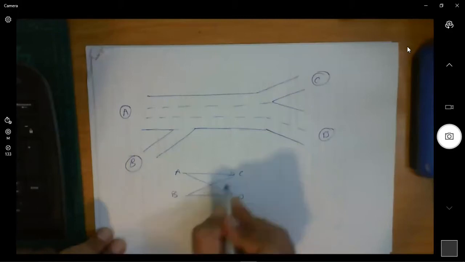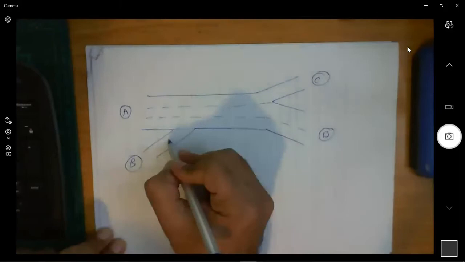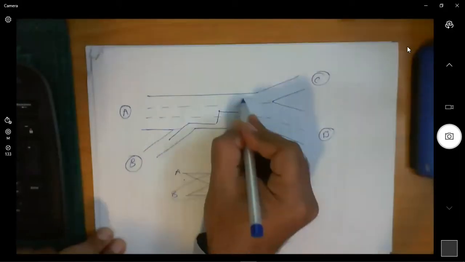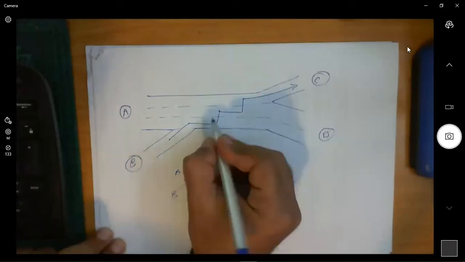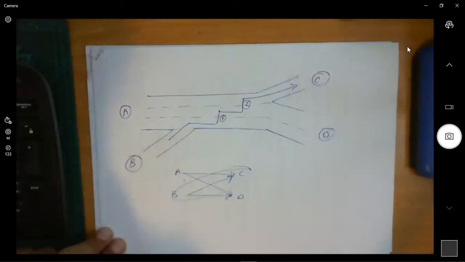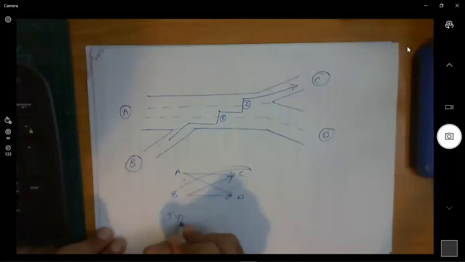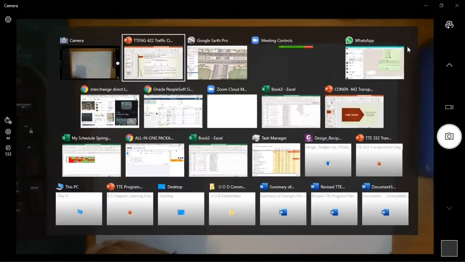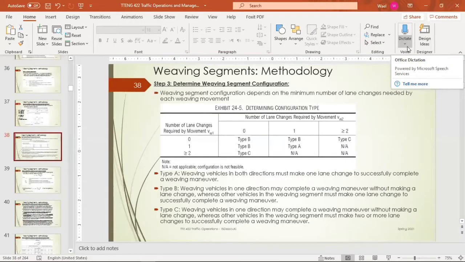For the weaving volume BC, we need to make these. How many lane shifts? 1, 2. 2 lane shifts in order to make that weaving. So this one becomes type C, and this is the worst case scenario. Here, if it's greater than or equal to two, then it's type C. Each of those categories will have different numerical models to deal with in predicting the weaving intensity. Okay, is that clear for everybody?